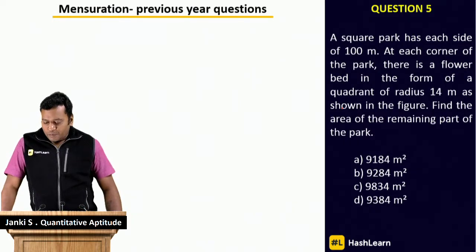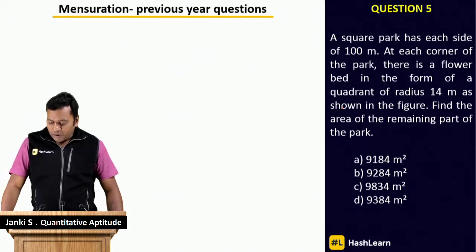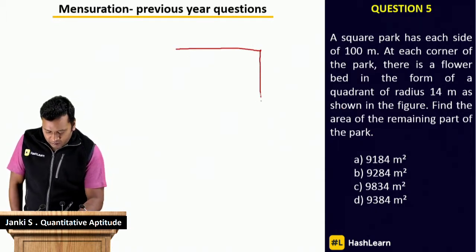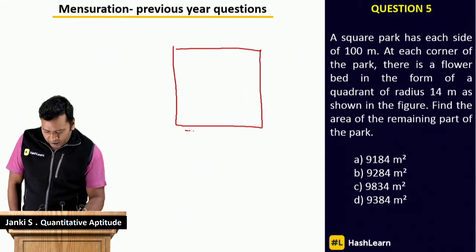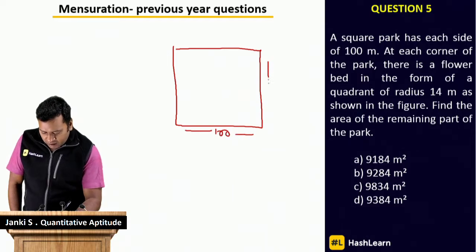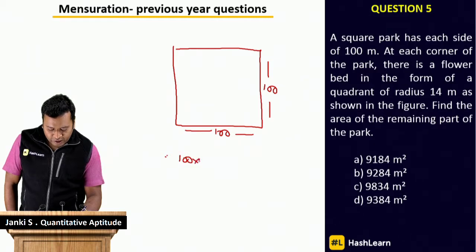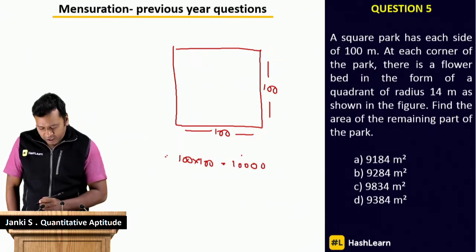Fifth one, a square park has each side of 100 meters. At each corner of the park there is a flower bed in the form of a quadrant. So 100 meters here, 100, 100. First thing is, area of the square is how much? 100 into 100, which is 10000 is the area here.